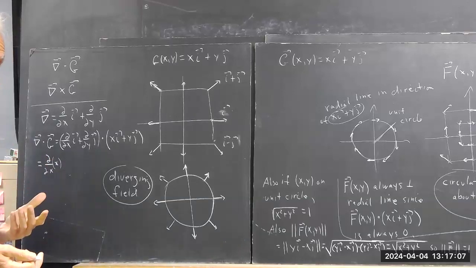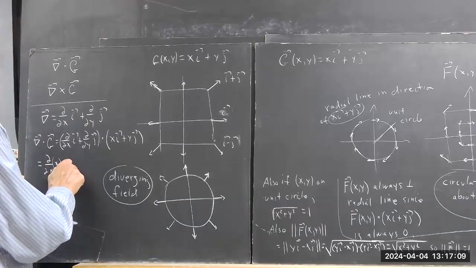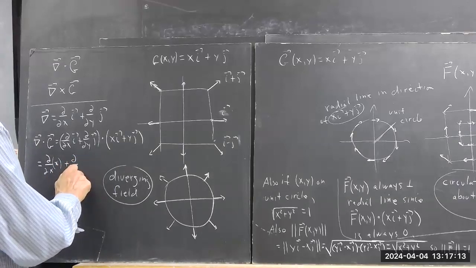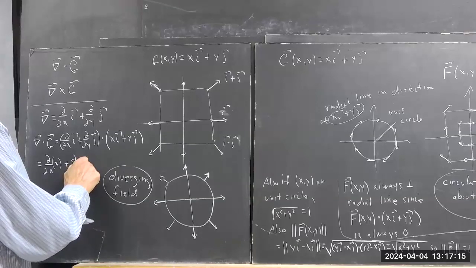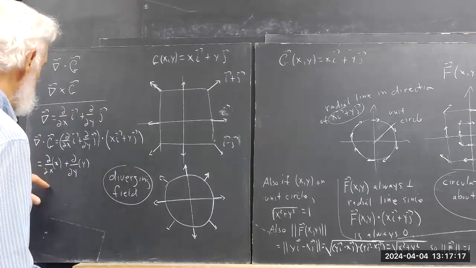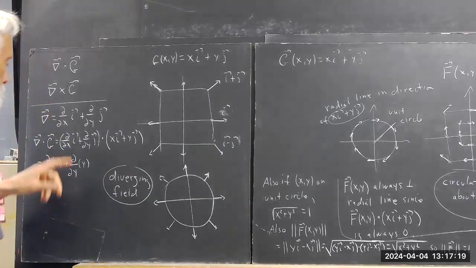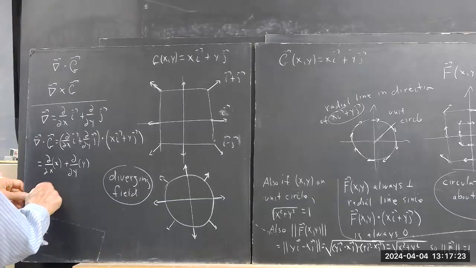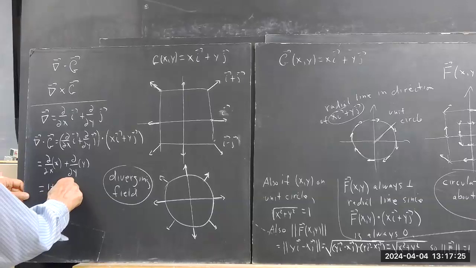Some of you did that. It's partial with respect to x of x plus partial with respect to y of y, which equals 1 plus 1 equals 2.